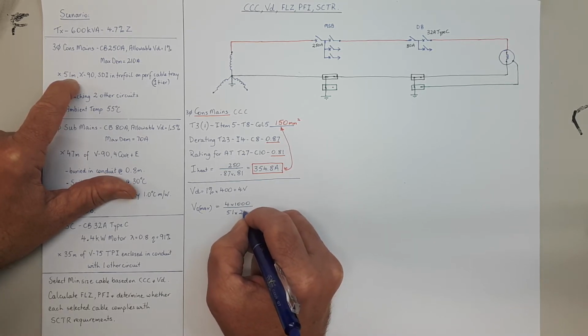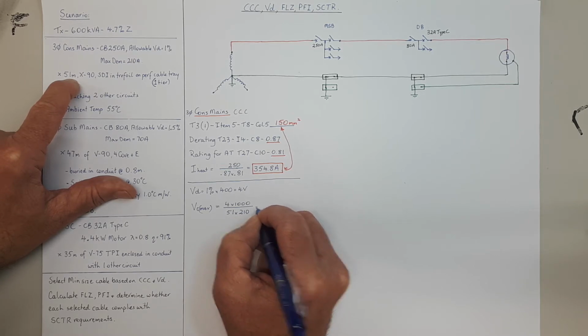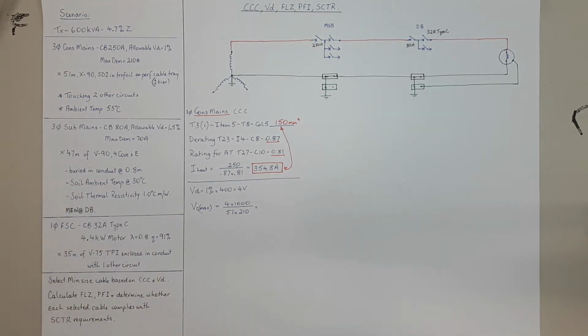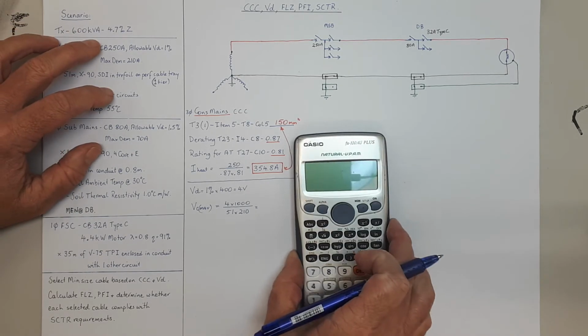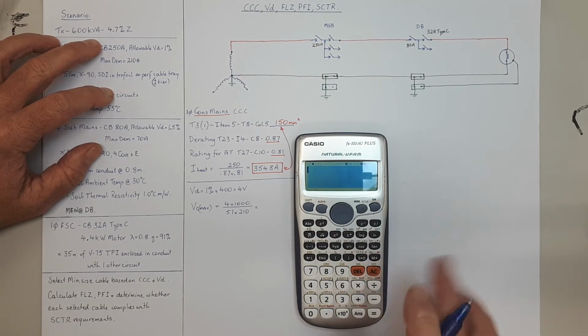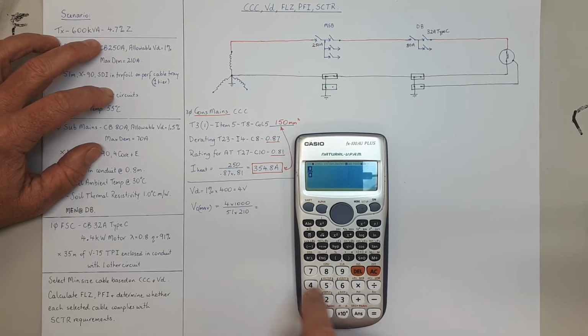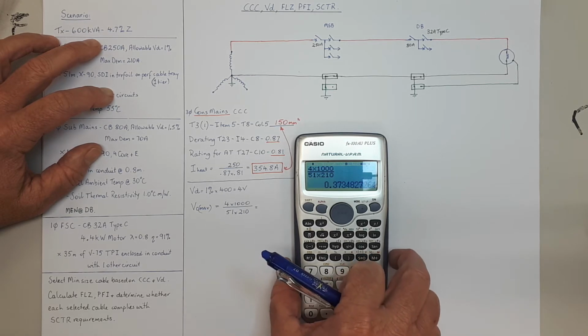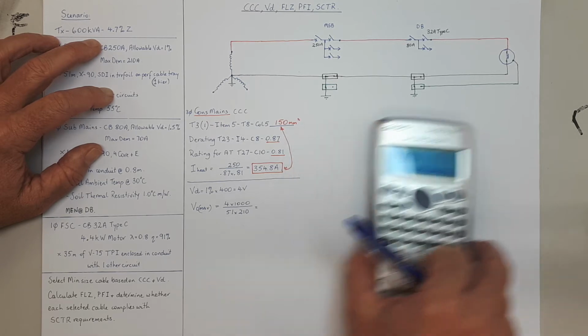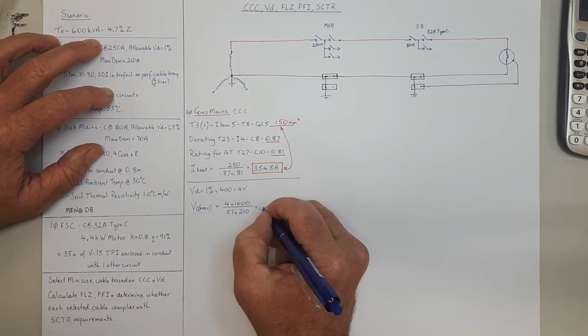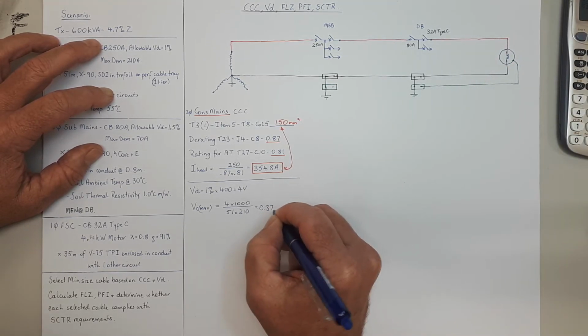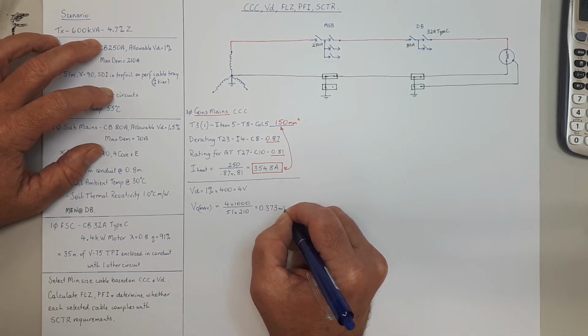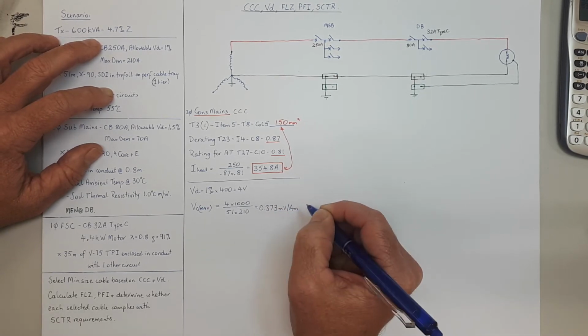The current, we use 210. We don't use the circuit breaker. We use the maximum demand. So let's put that in an equation. 4 times 1,000 over 51 times 210. That equals 0.373. 373 millivolts per ampere meter.